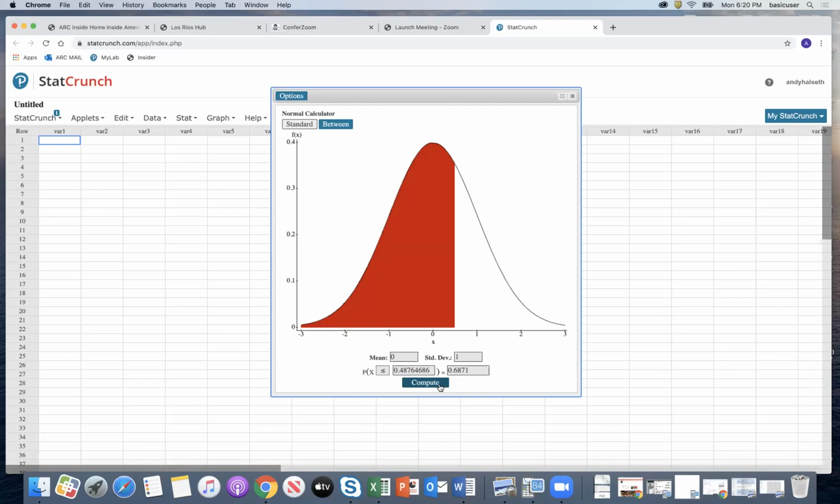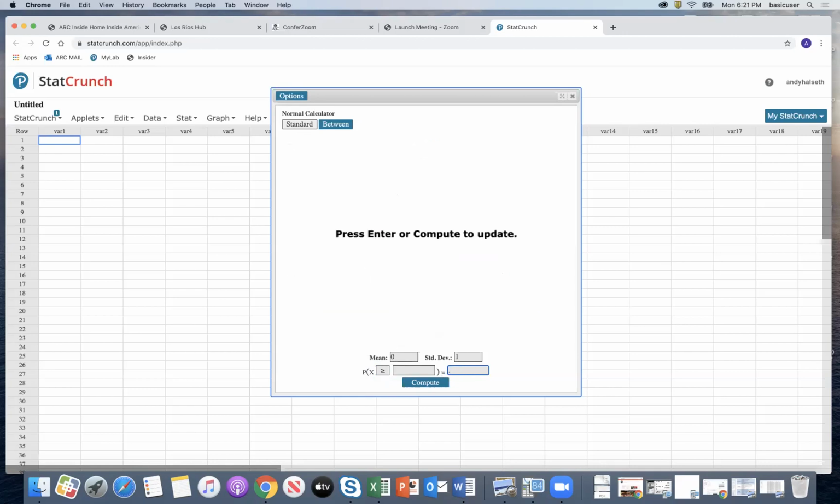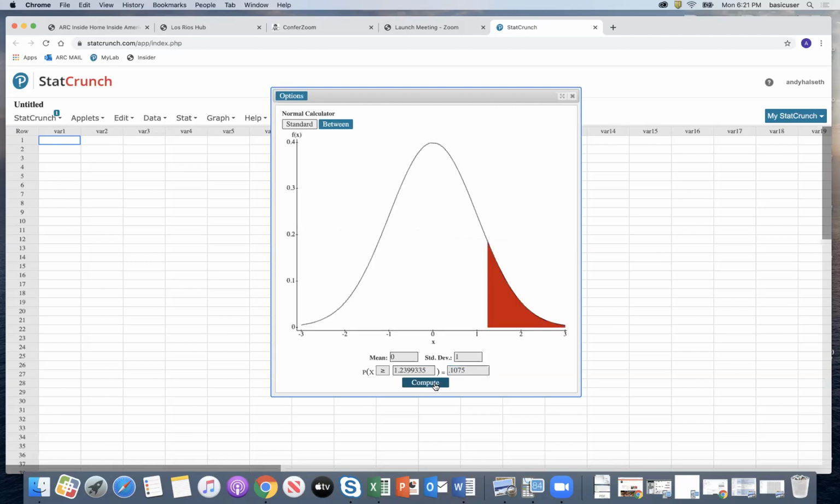How about number 2? If you're looking at your handout, the notes, it says find the z-score that has the percentage of area to its right. Okay, so now we're going to the right, 10.75% of the area to the right. So since I have StatCrunch, I'll just do it here. Area to the right is greater than, and then over here, you put that area. You always put this as a decimal, not a percent. So it says 10.75. Move that decimal 2 places, so 0.1075. That's 10.75%.